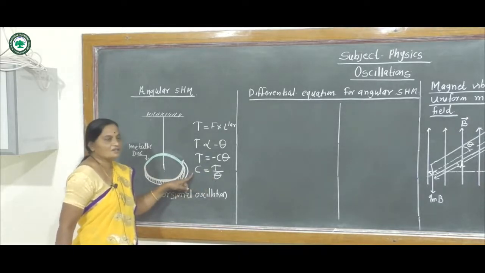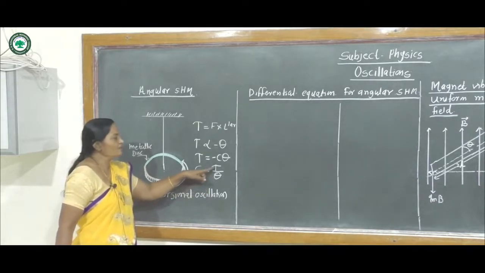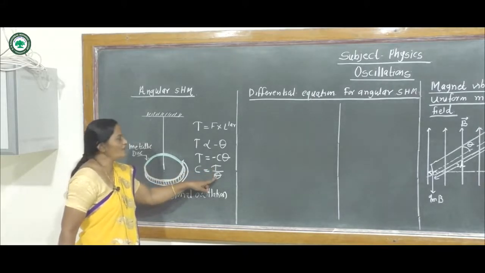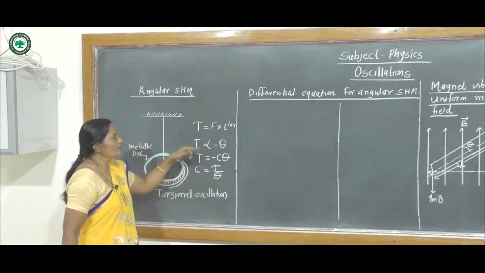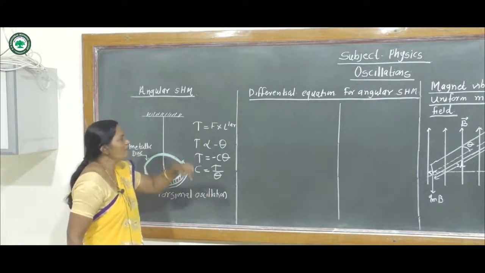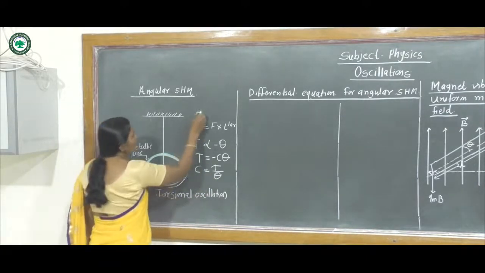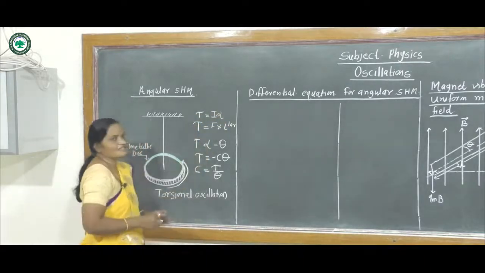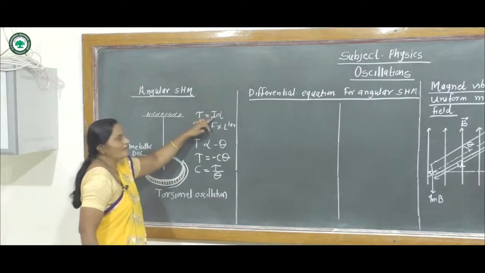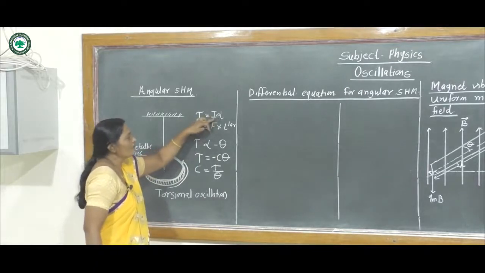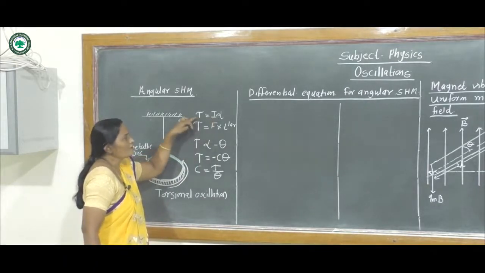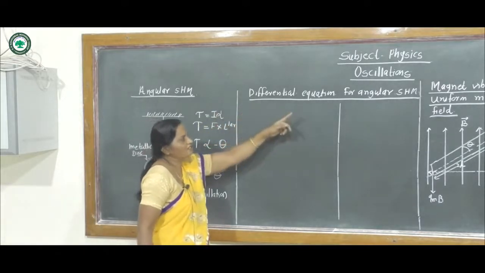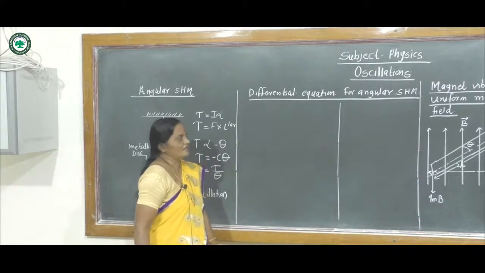Thus, c is called the torque constant, this is the restoring torque, theta is the angular displacement. Now there are different formulae for torque, that is torque is equal to I alpha. This is the formula for torque. Now we find the differential equation for angular SHM.